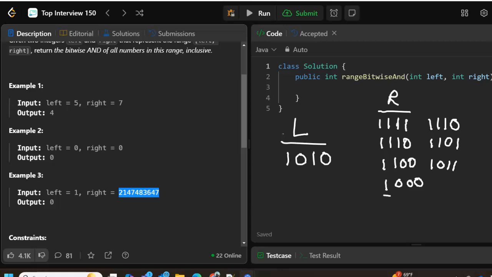And that is less than left. So this is the answer. We've found the only bit that all of these numbers have in common. So that's the way it works. It's a simple implementation as you're about to see.